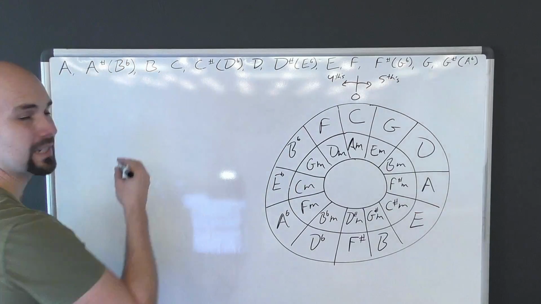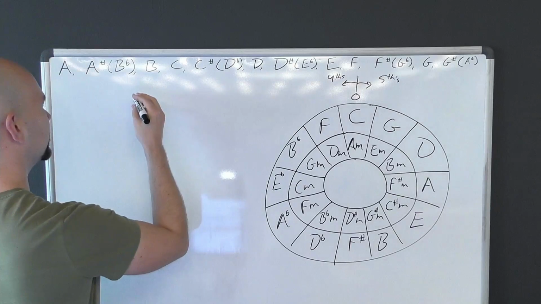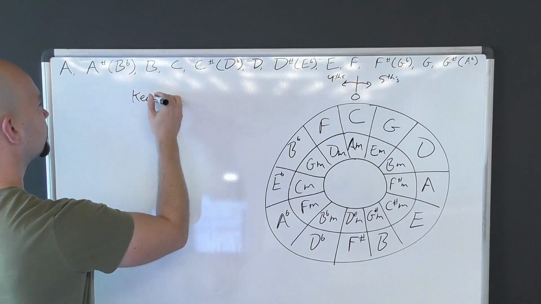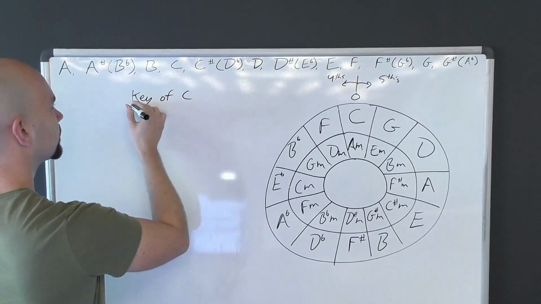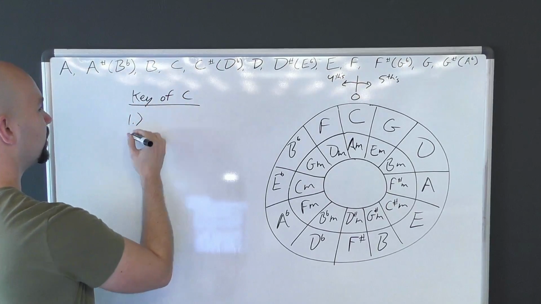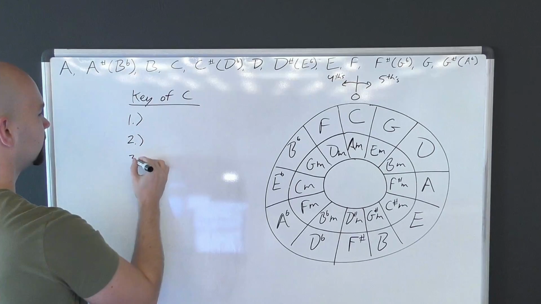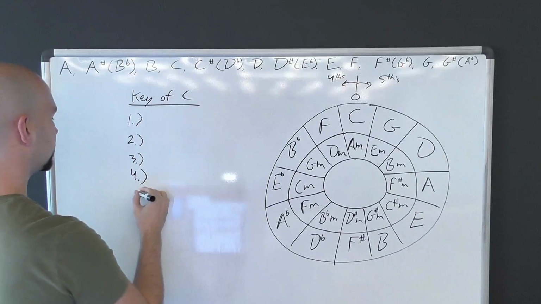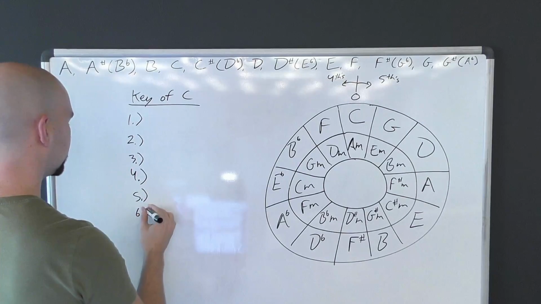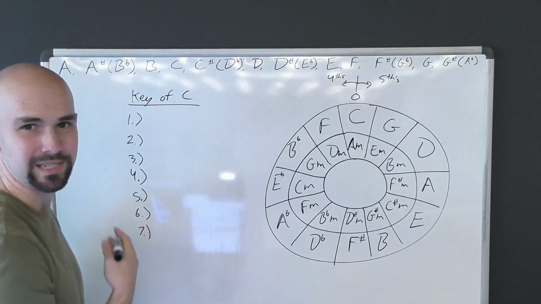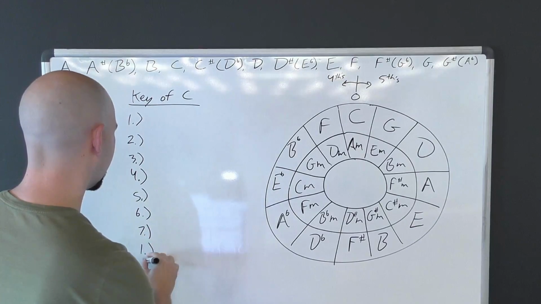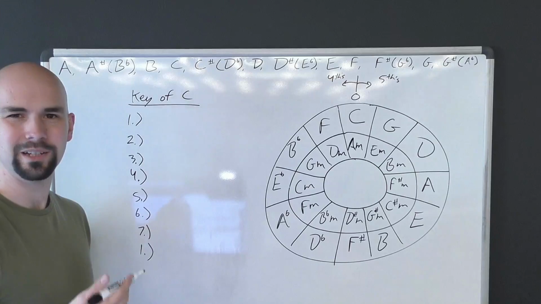All right, so let's take the key of C major as an example. Number 1 through 7. And we'll end with a 1 because if you were playing your scales, you would always end with the first note, an octave higher.